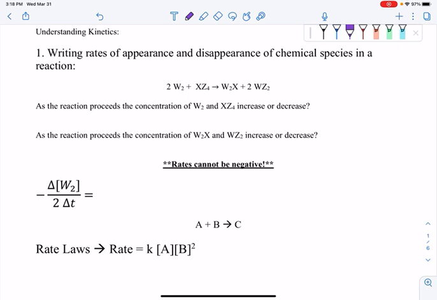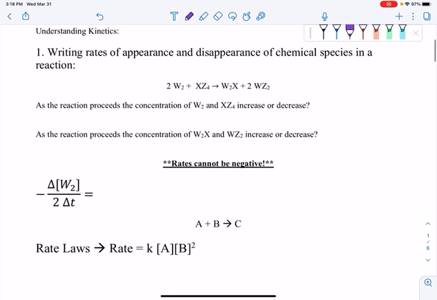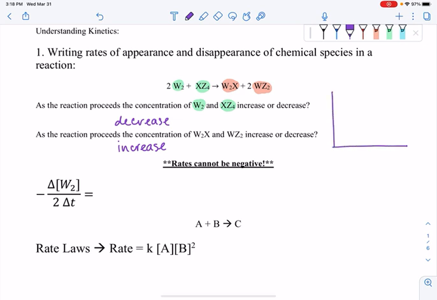As the reaction proceeds, the concentrations of W2 and XZ4 are going to decrease because they're reactants. The concentration of the reactants is going to go down. Whereas alternatively, W2X and WZ2, their concentrations you would expect to increase as this reaction proceeds, right?